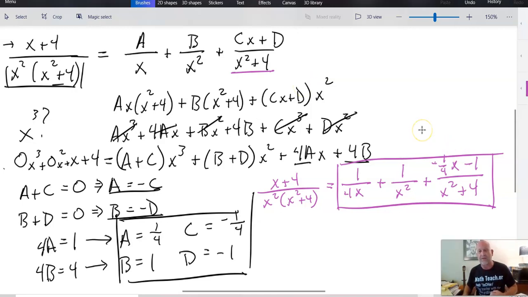So it's the same thing every time. What changes is the detail, right? How much work you're putting into getting the setup, and how much work you're putting into, well, honestly, a lot of this is tedious. You're distributing things out, you're solving big systems. There's a lot of arithmetic in this. So you just have to be patient and get through it.